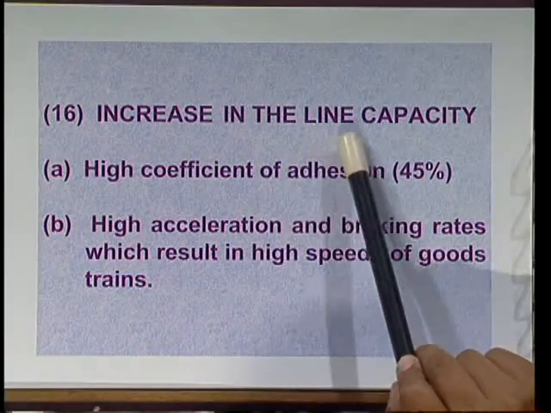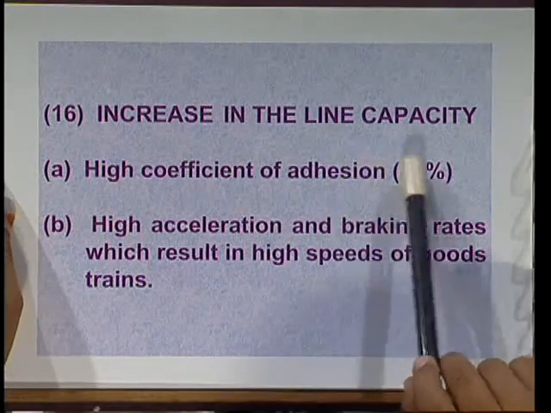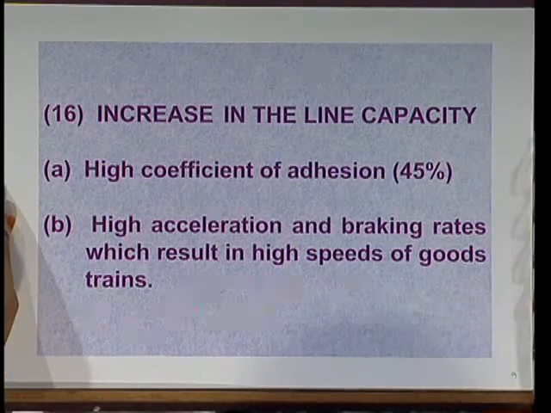The last and very important advantage of the electric locomotive is the increase in the line capacity. The line capacity is determined by the speed of the slowest moving vehicle on the system, that is the goods trains.